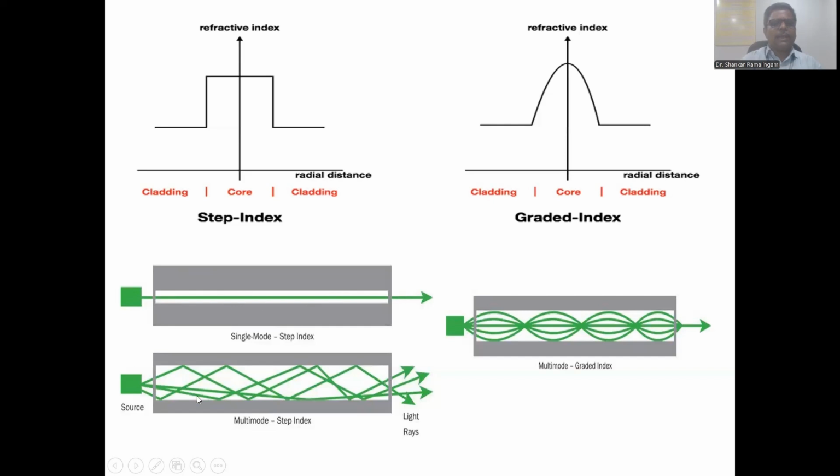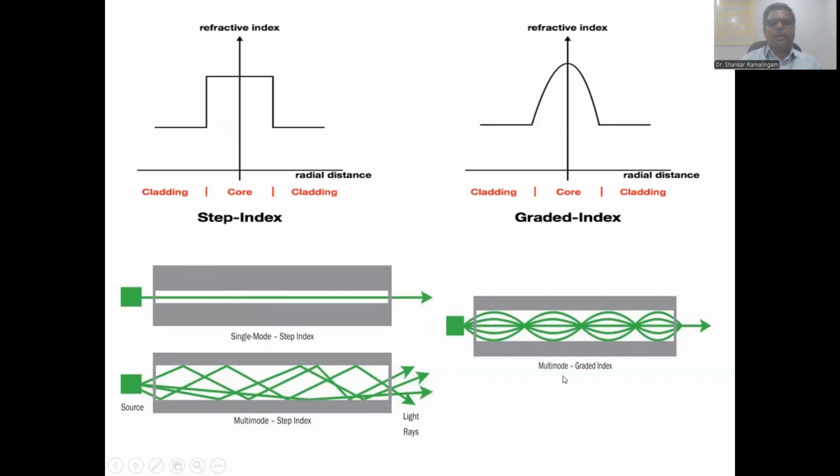Whereas in the case of multi-mode step index optical fiber cable, we are going to have more than one optical signal present in the core. So this is how we are going to have more signals transmitted inside the step index multi-mode optical fiber cable, whereas in the case of single mode step index optical fiber cable, we are going to have only one signal present.